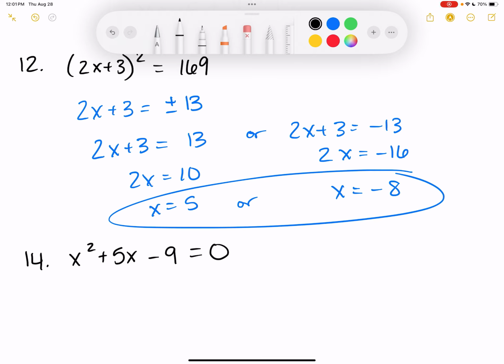If I tell you on the quiz you have to do it by completing the square, even if it's factorable, you need to complete the square. I know it's annoying, but that's the reality of it. Now, if I just say solve, you can choose whatever method, and I'm going to guess most of you are not going to choose to complete the square because it's typically not something people enjoy, okay?